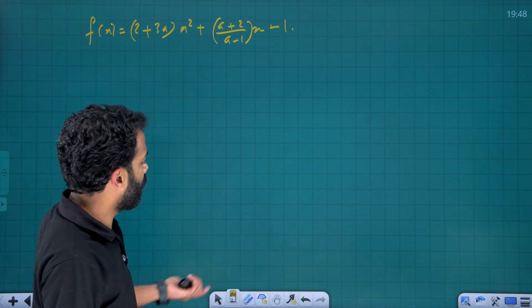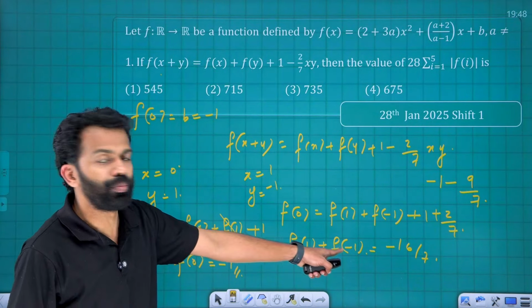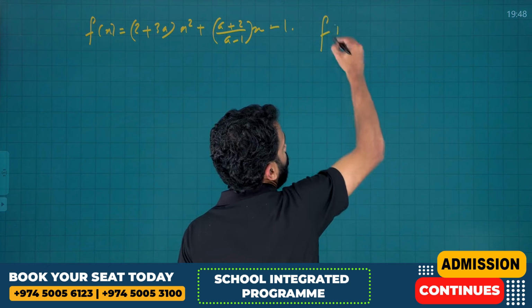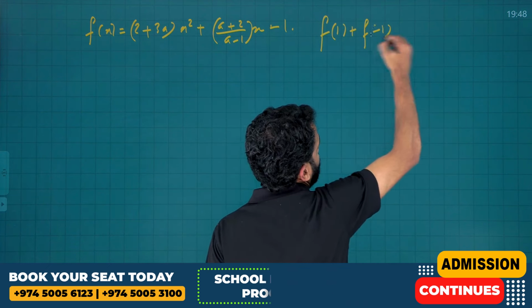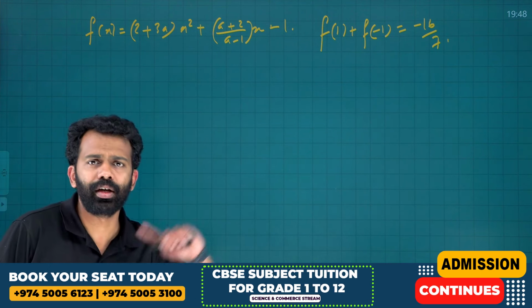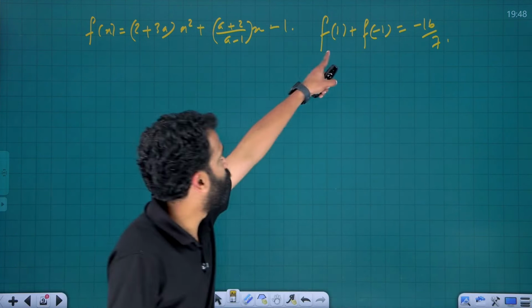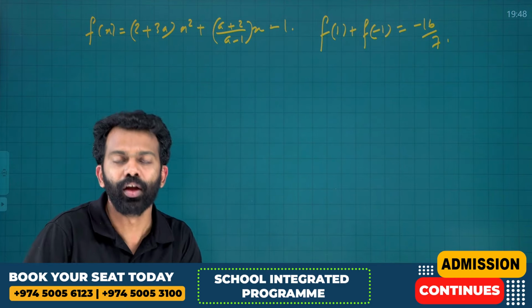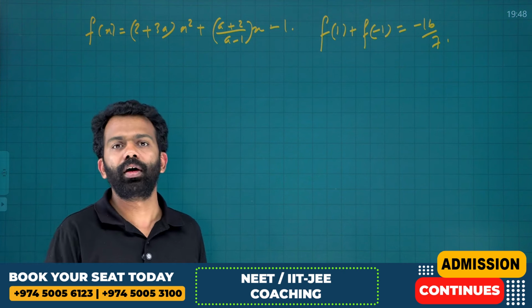So, we already know that f of 1 plus f of minus 1 is minus 16 by 7. Are you getting some idea here? See, f of 1 you will get one equation, and f of minus 1 you will get another equation. Both the equations will have only one unknown, that is what?